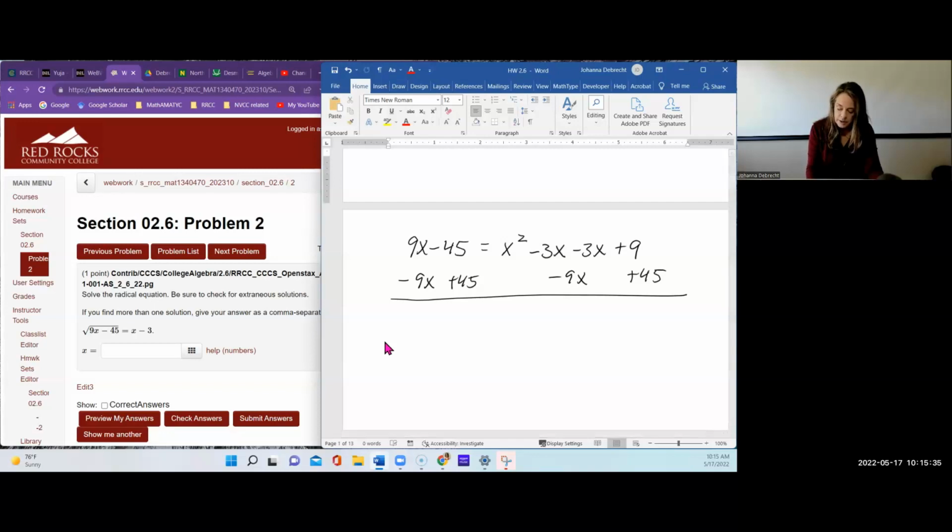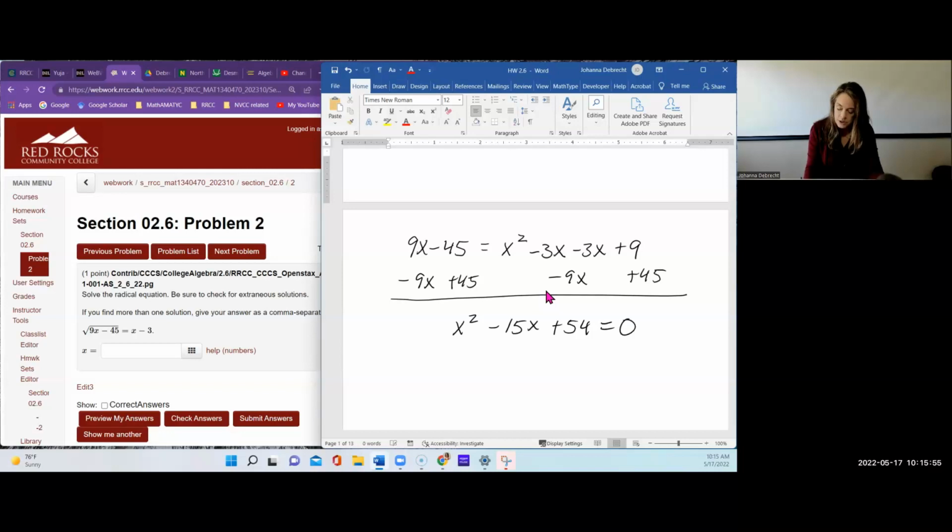Then I'm going to swing the equal sign and the 0 to the opposite side. I have -3x and -3x, which is -6x, minus 9x would be a -15x. 9 plus 45 would turn out to be 54.